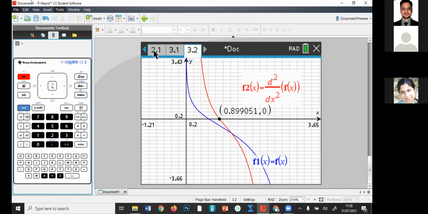We have one comment like concavity must change. Sign of the first derivative should remain same, right? Second derivative is zero and concavity is changing, of course, from positive to negative.